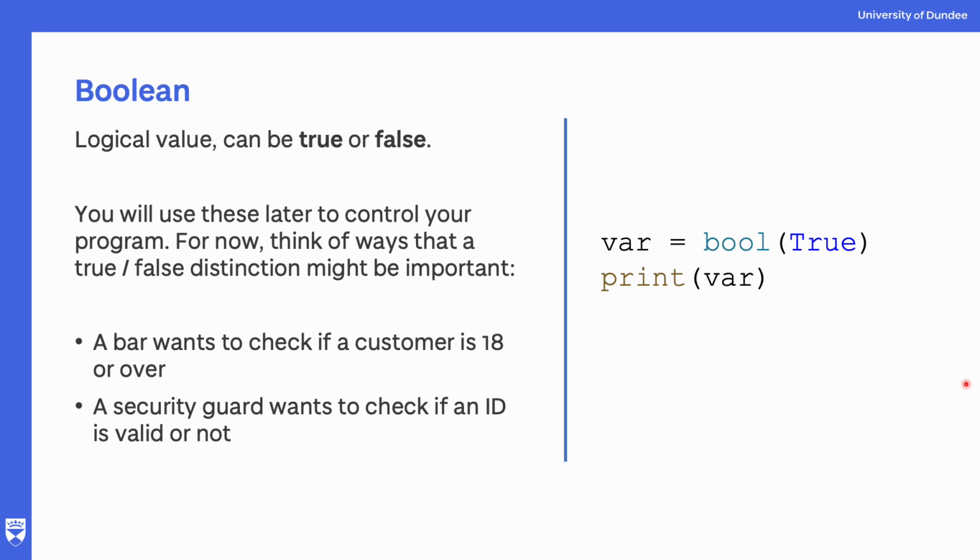And the way that we do this, or the way we set up a Boolean value, is that we have our variable name. I've gone for var again. And we want to say bool and then true in brackets. And if you print that out, it will just print out true. You can try and change that to be false. Key things to look out for here: the first letter is capitalized.